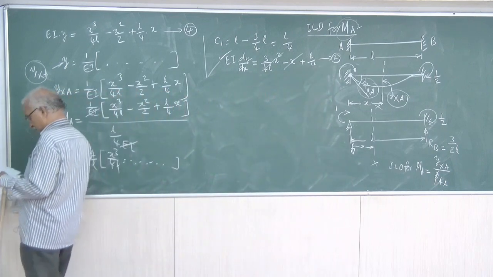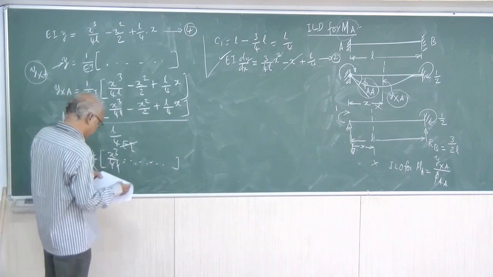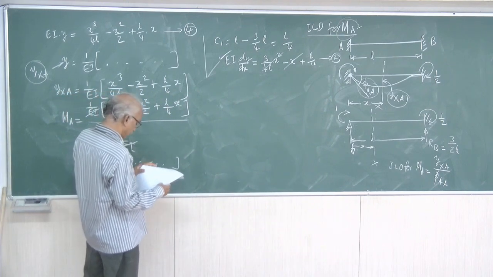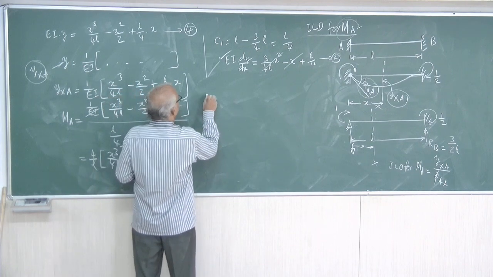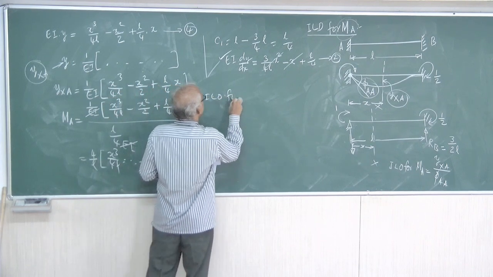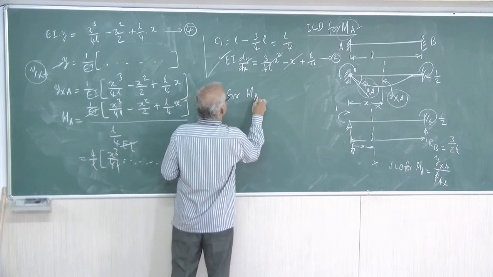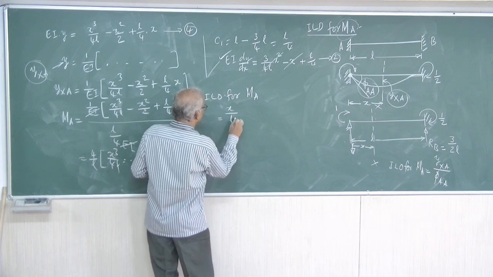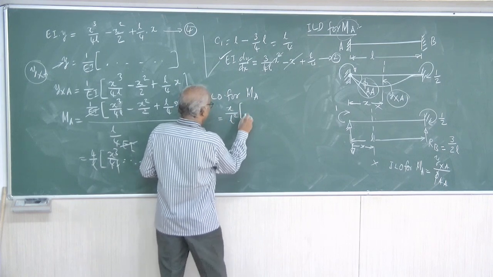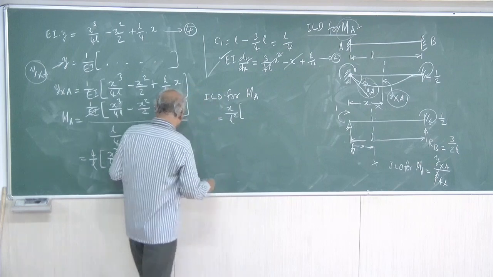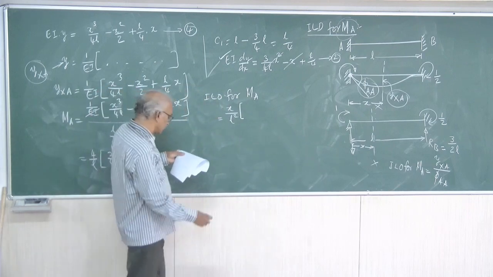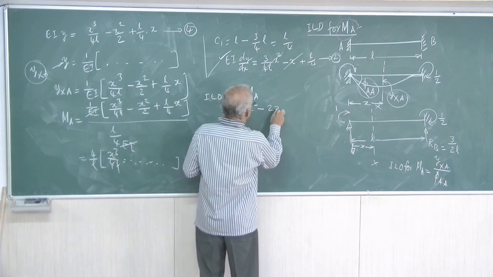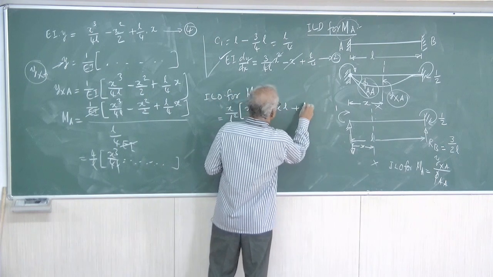After substituting and simplifying, ILO for MA will be x by L square, after simplification, into x square minus 2xL plus L square.